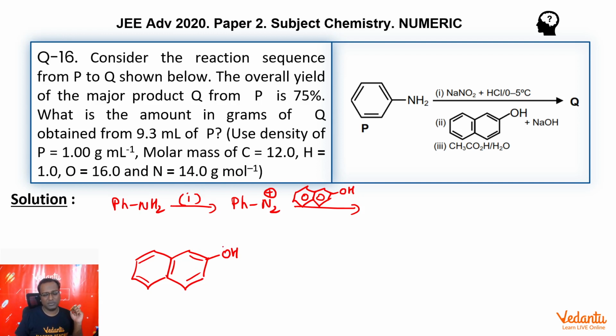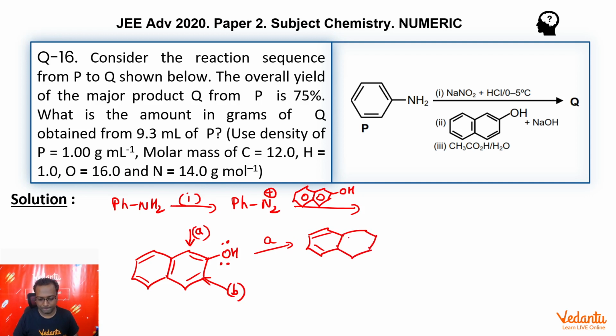So there are two possible positions. Because OH is a +M group, it will activate its ortho as well as para. Let us call this position A and let us call this position B. The incoming electrophile can attack at A as well as B. Let me show you what happens if it attacks at A. If the incoming electrophile attacks at A, we will have the electrophile attached here, OH attached here.